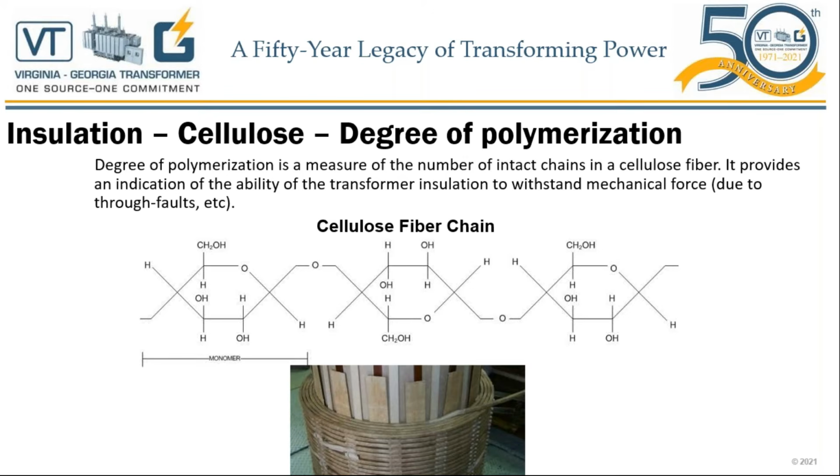H2O is water. So water is the main connector of the chain in the cellulose fiber. And as we all know, water vaporizes at a temperature of 100 degrees C.